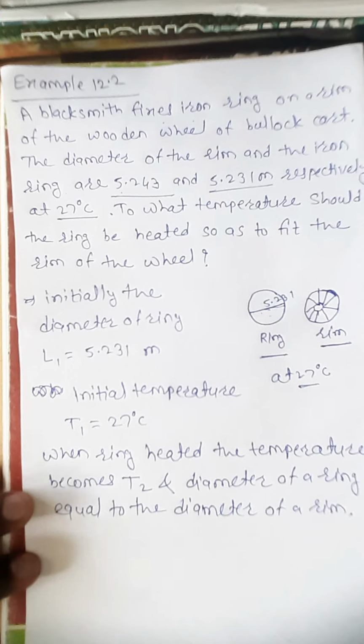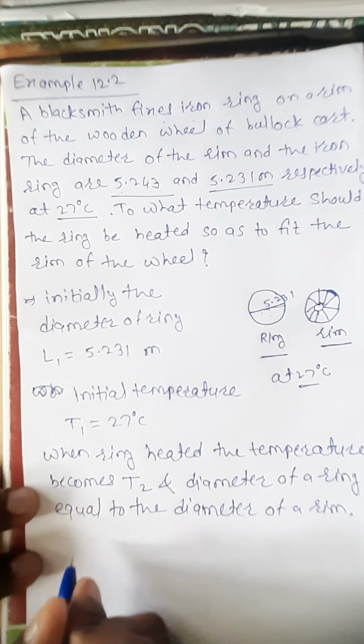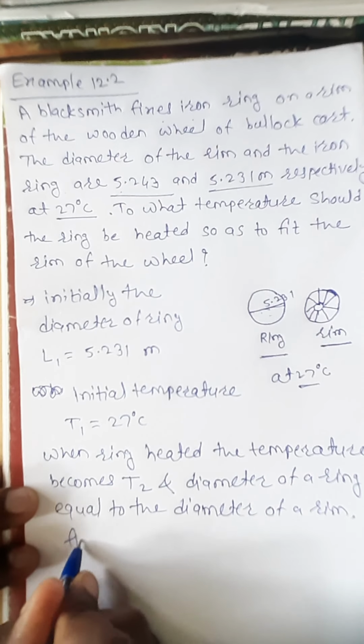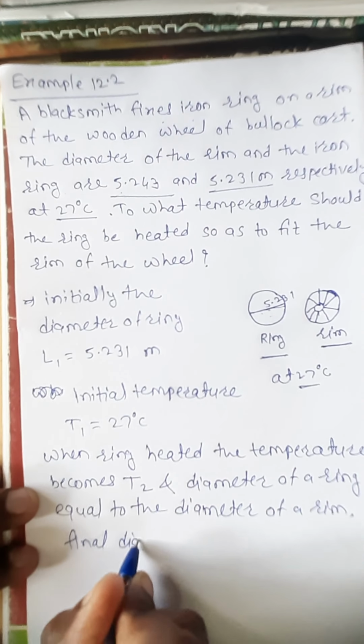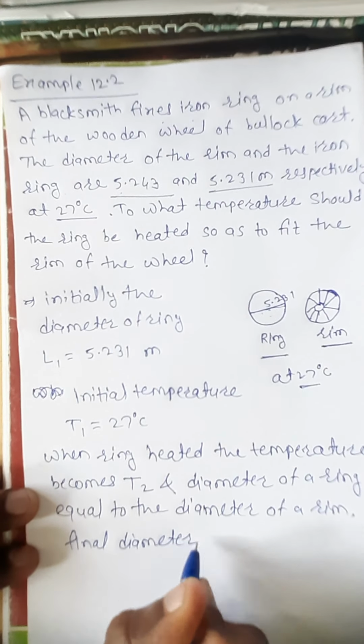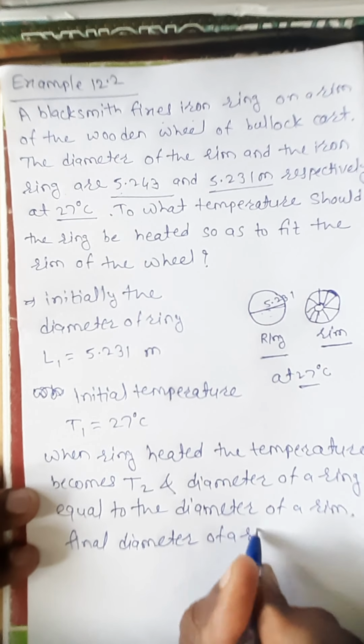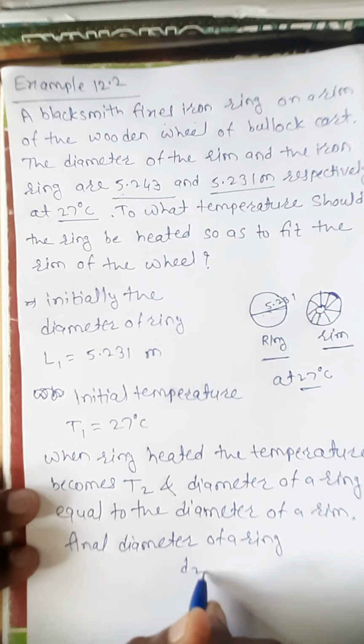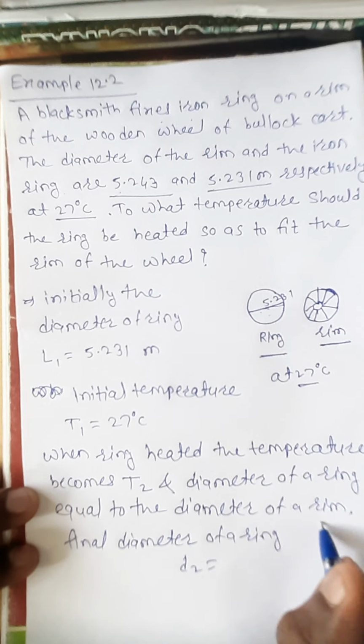Okay, the diameter of the ring is equal to the diameter of the rim, and that diameter is the final diameter. Therefore, the final diameter of the ring is D2, which is equal to the diameter of the rim.